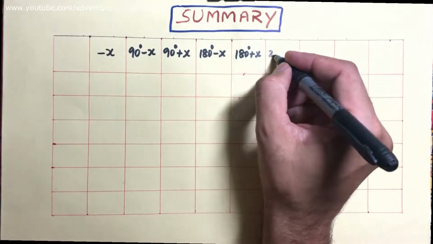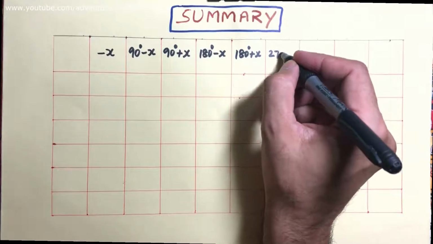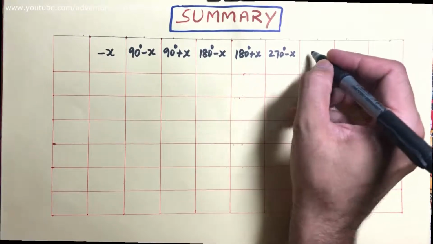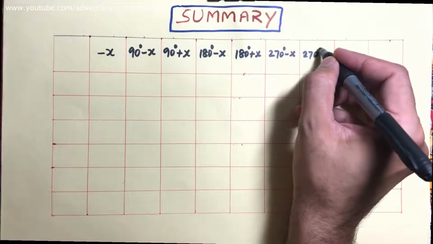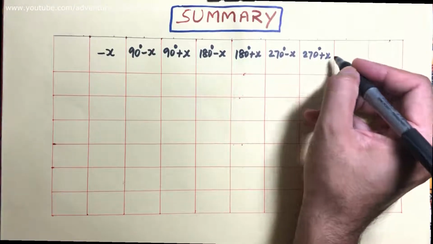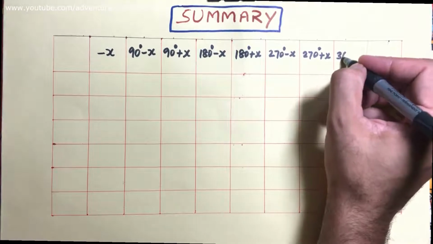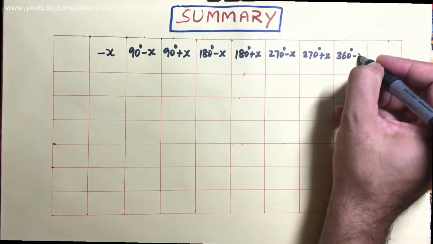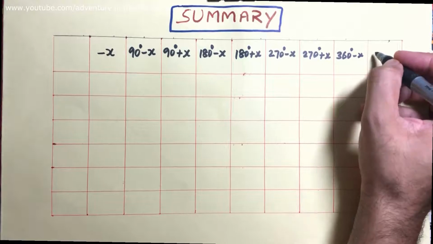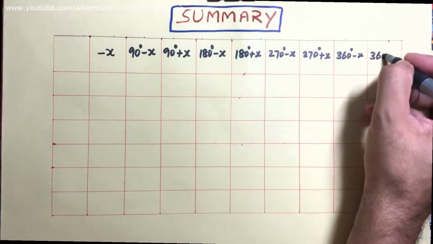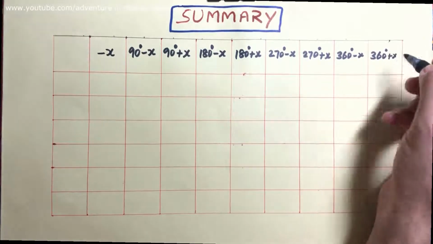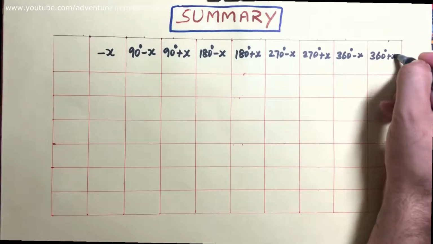Next, 270 minus x, 270 plus x. So we have entered into fourth quadrant. Also 360 minus x. This we remain in fourth quadrant, but when we add 360 plus x, we are again in first quadrant.